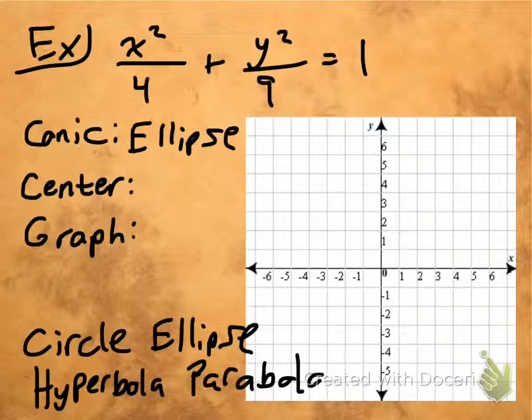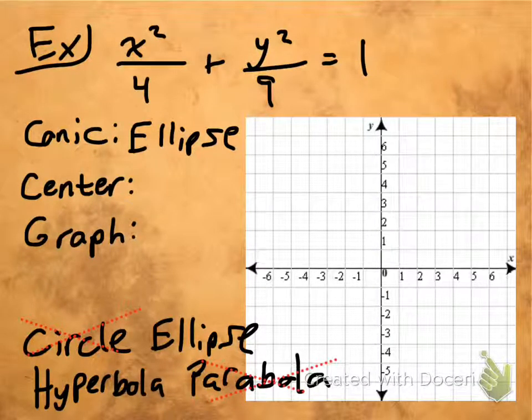Well, two of the terms are being squared, which means it can't be a parabola. And it's not a circle because my denominators are different here, right? A circle would have the same denominator. So it's got to be an ellipse or hyperbola, hence the title of the lesson, Ellipses and Hyperbolas.